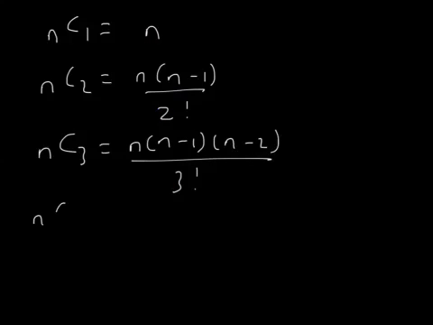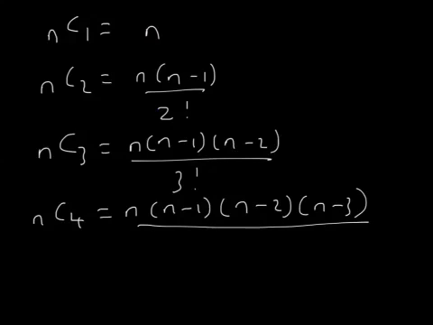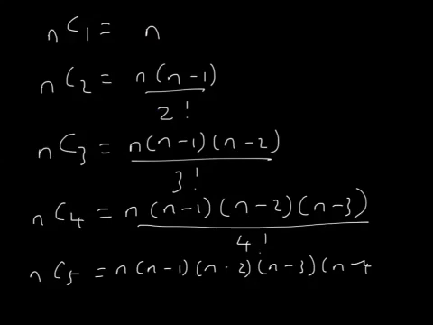So we can just use patterns to see that the next one's going to be this over 4 factorial, and nC5 is going to be n, n minus 1, n minus 2, n minus 3, n minus 4 over 5 factorial, and so on.